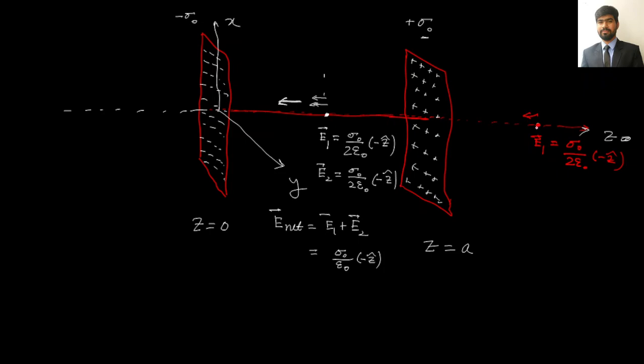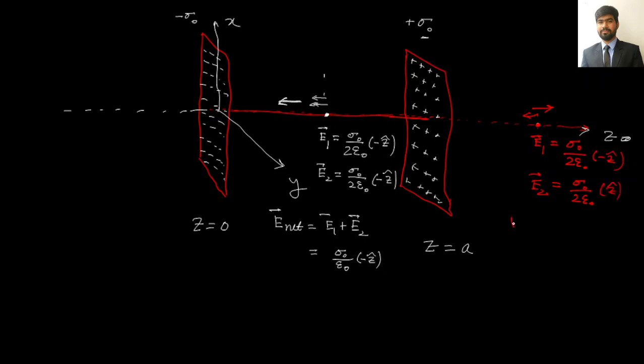For the second plane, if the field is E2, the magnitude is again sigma by 2 epsilon naught. Since this plane carries positive charge density, the field at this point is perpendicular to the plane and away from it, along the positive z cap direction.